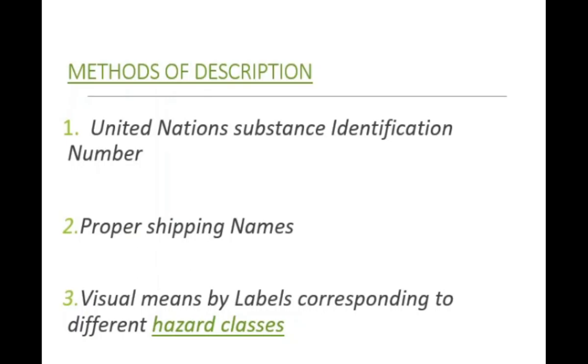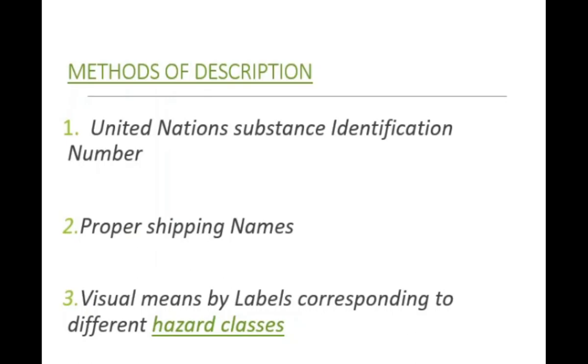These are usually 4-digit numbers. Dangerous goods can also be described using proper shipping names. These are names that are assigned to every dangerous goods that can be transported.